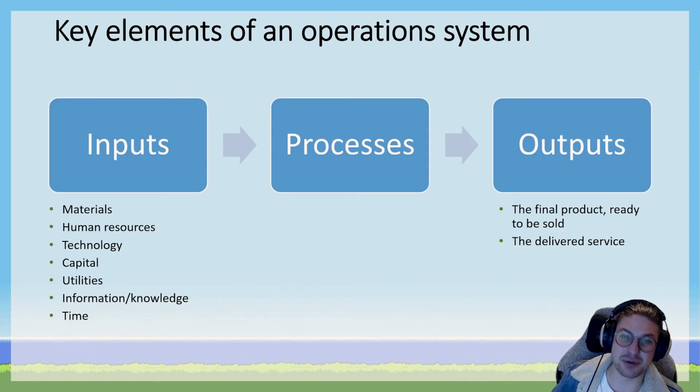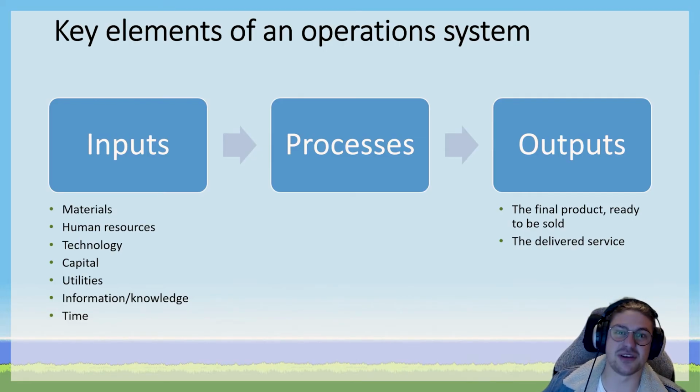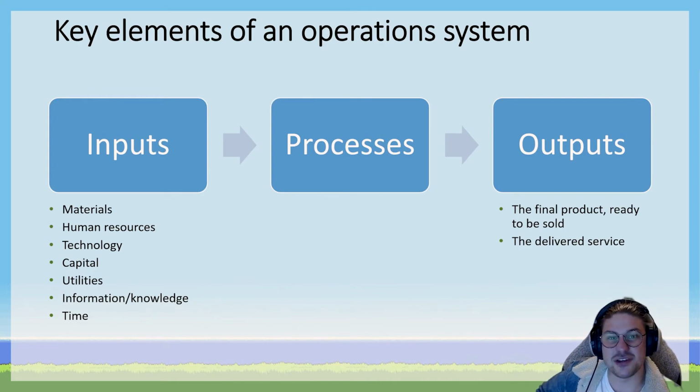You might need capital resources. You might need funds to pursue the creation of some sort of product or the implementation of some sort of service. You might need access to utilities such as water, gas, and electricity. You might need access to information or knowledge or research or intel, and you'll absolutely need access to time.